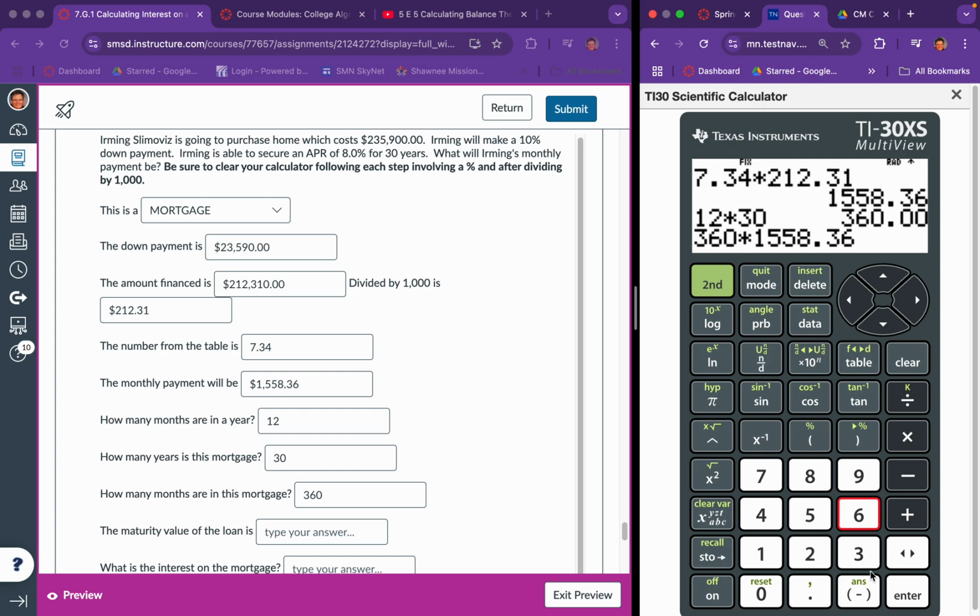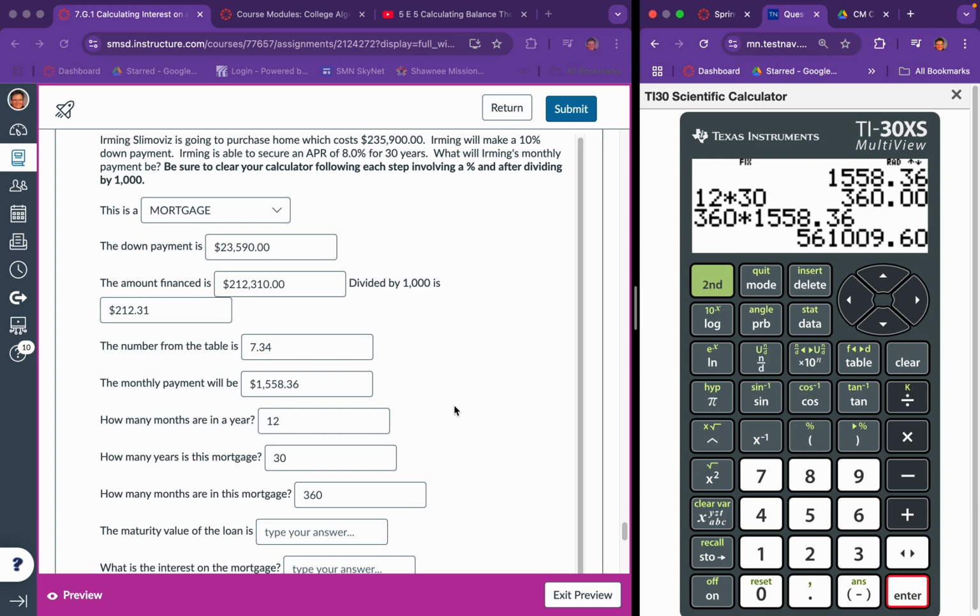And that is going to get us $561,009.60. Now that is a very, very large sum of money, but it is accurate. So if you'll notice, that's even way more money than the house.